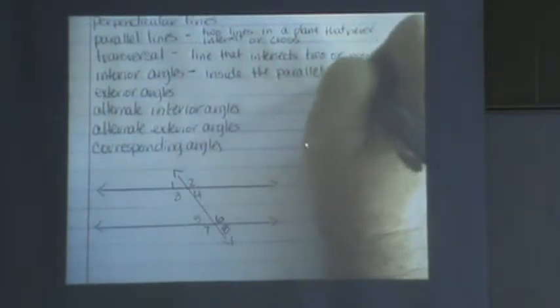Look on page 409. Inside the parallel lines. If I'm talking about interior angles, we're talking about inside the parallel lines. We're going to get to polygons; just hold on to that thought.